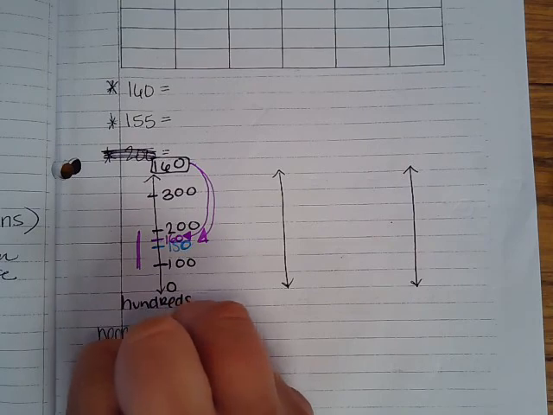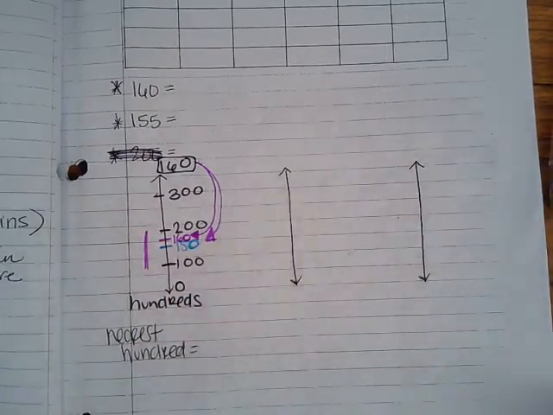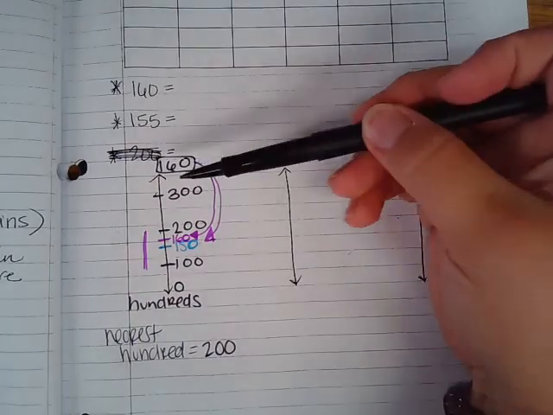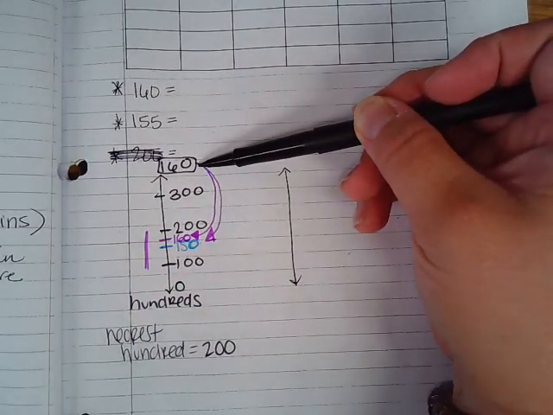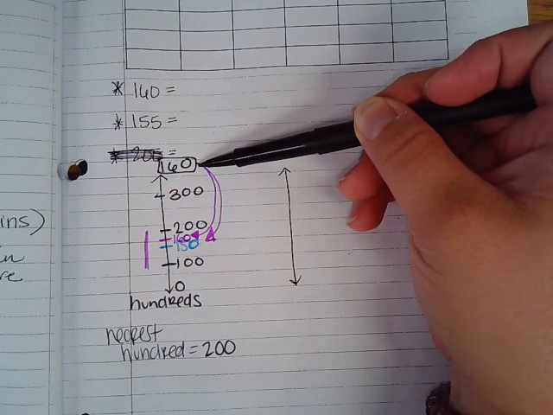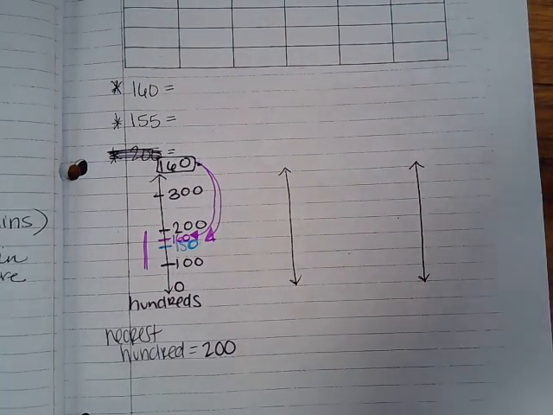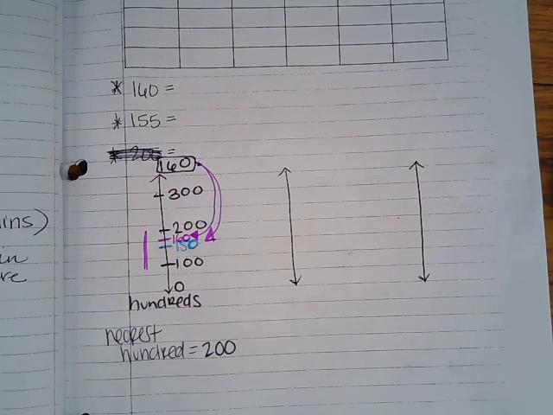The nearest 100 is equal to 200. So if I'm rounding 160 to the nearest 100 spot, it will be 200. Does anyone have any questions? Or should I just do another example to explain a little bit more?